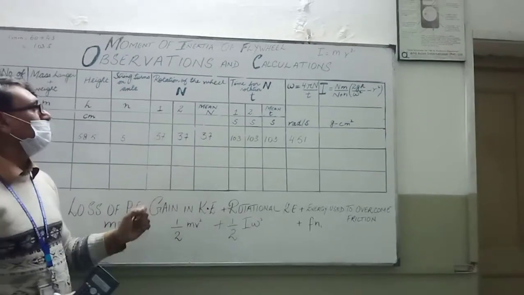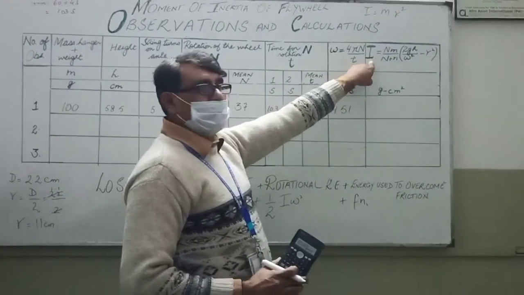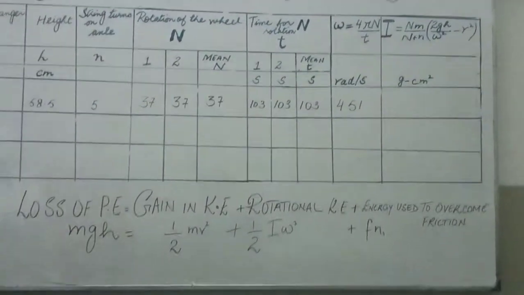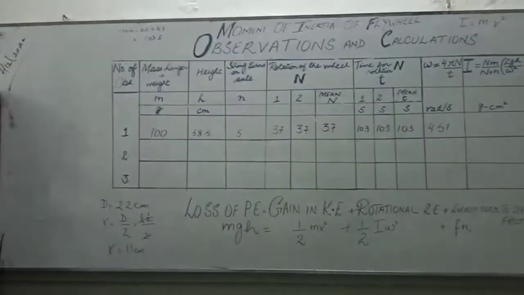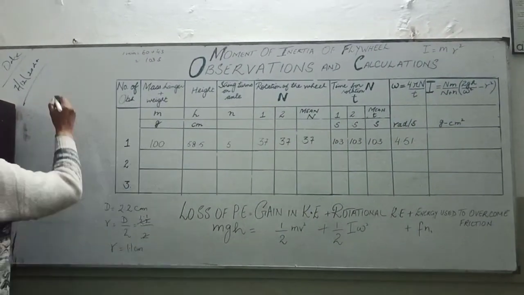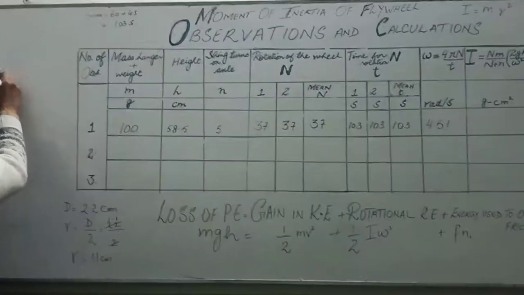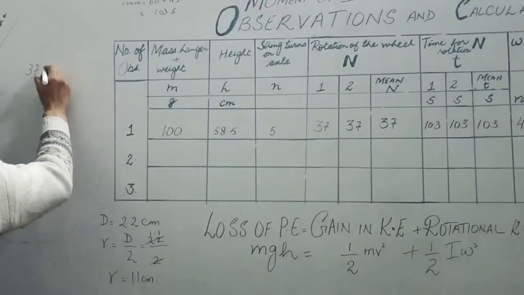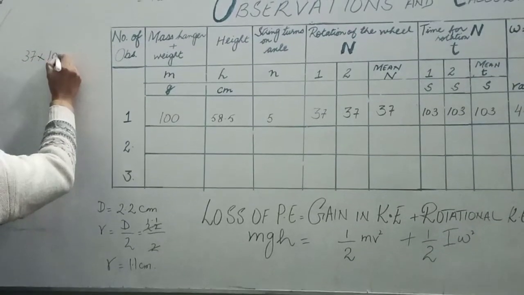Now, how are we going to find the inertia for this? I'll show you the rough work of it. What is N? That is 37. The mass was 100.